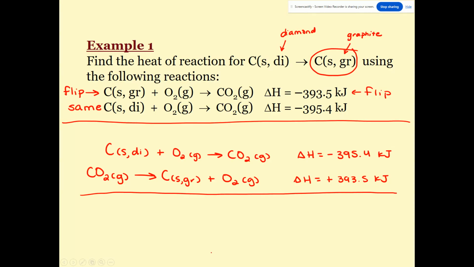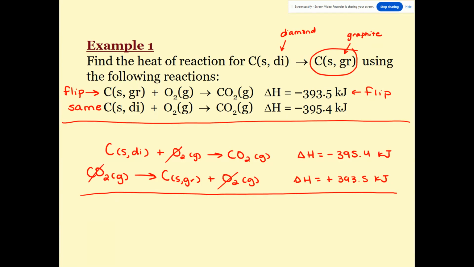Now, I've manipulated the 2 equations I was given. I need to add them together and see if I am, in fact, left with the net reaction that I was looking for. So first of all, when they're on opposite sides, they cancel. For example, I have 1 mole of oxygen on my reactant side and 1 mole of oxygen on the product side, so they both fully cancel with each other.